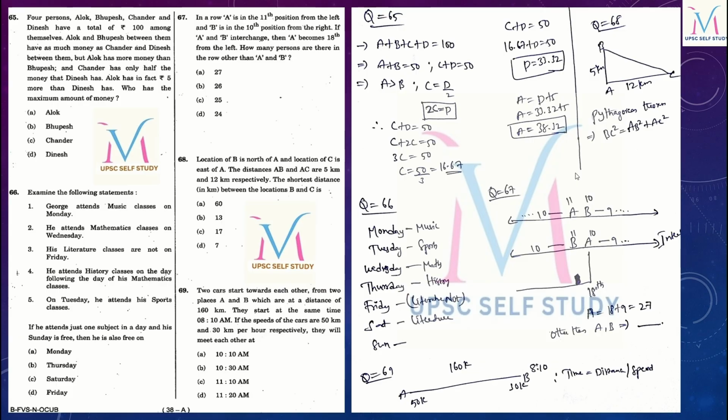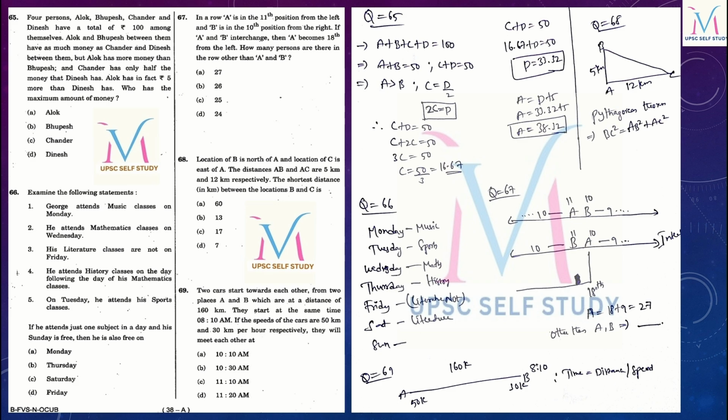Next, coming to question number 65. Four persons, Alok, Bhupesh, Chandar, Dinesh, have a total of 100 rupees among themselves.